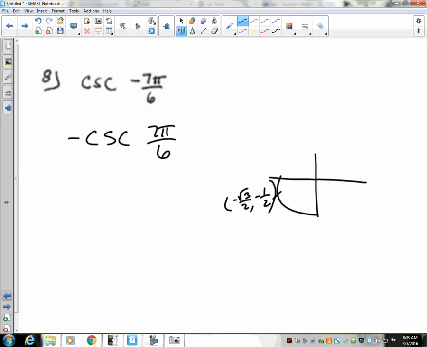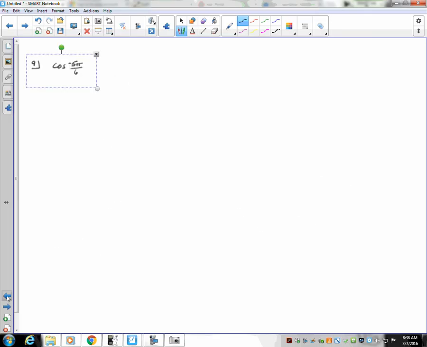Now recall, cosecant is the reciprocal of sine. So we'll take the reciprocal of sine. Now let's break down this negative. The reciprocal of negative 1/2 would be negative 2. So we've got the opposite of negative 2. So that's just going to be positive 2.